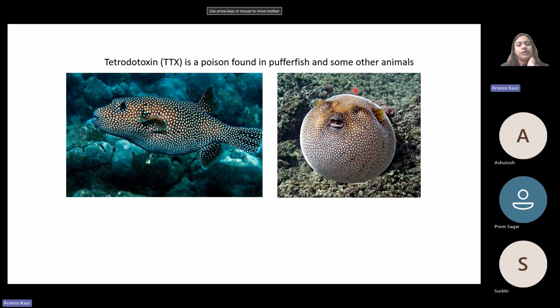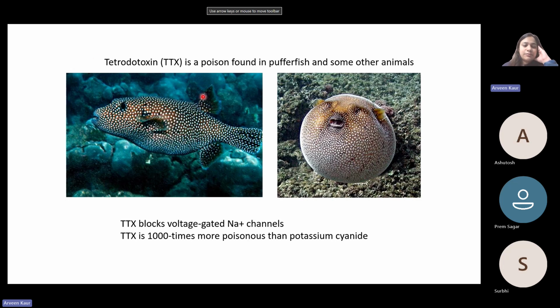So pufferfish, you would know that whenever a prey approaches this fish, it basically swells up like this, so that it will be difficult for the prey to eat this fish, right? Because it is so puffed up. And even if it does eat it, it has this toxin, tetrodotoxin, and what this toxin does is it basically blocks the voltage gated sodium channel.